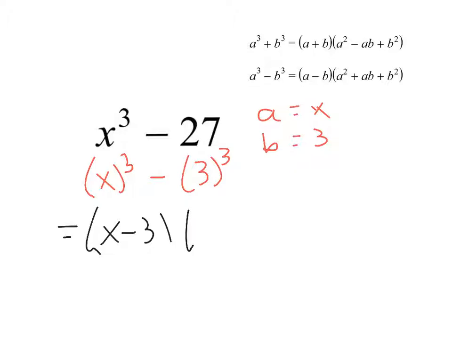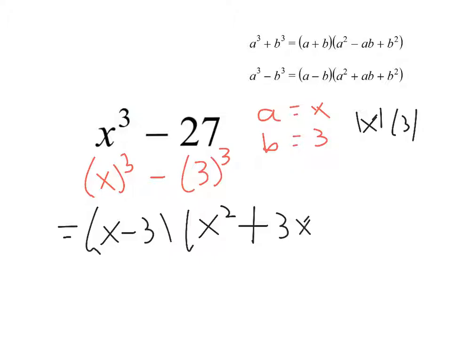So a squared will be x squared, and then plus, it's going to be plus over here. ab will be x times 3. So maybe you want to do some scratch work, it will be x times 3, which is 3x. So it's going to be 3x over here.